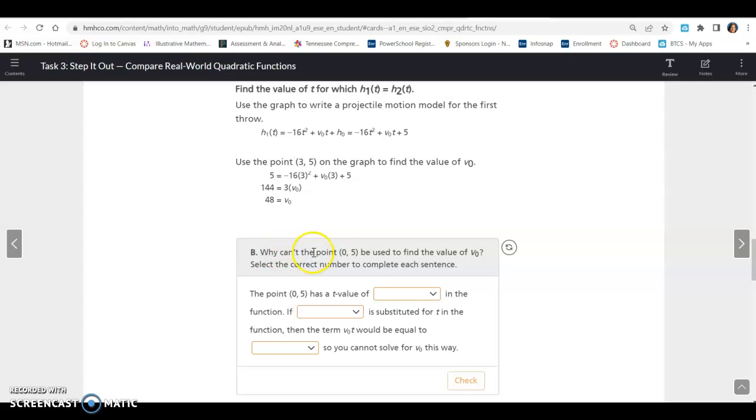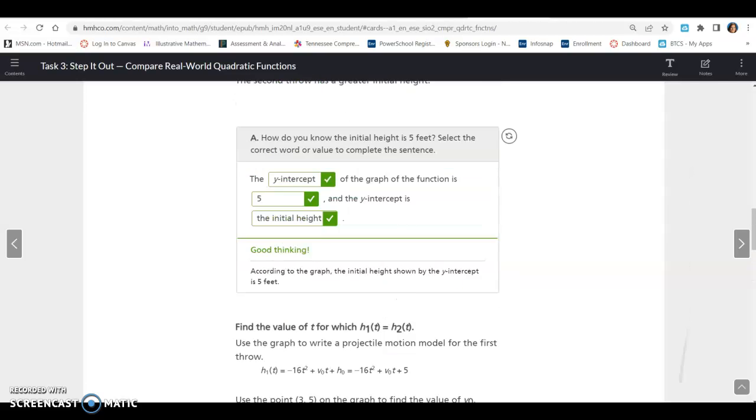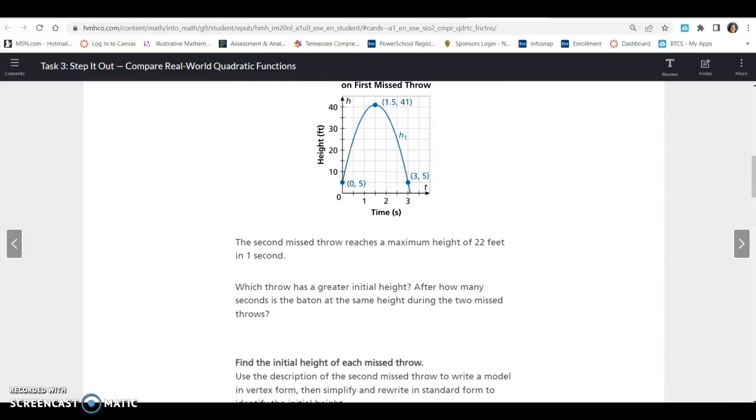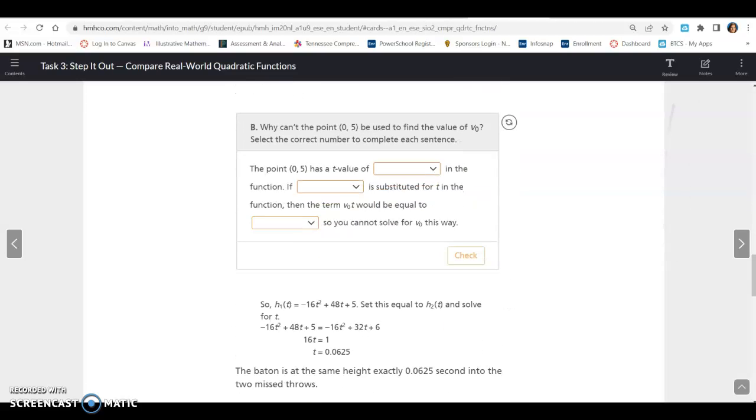All right, so it says, why can't the point (0, 5) be used to find the value of v sub 0? Select the correct number to complete each sentence. When you look up here, you have two points we could use, (0, 5) or (3, 5). They're asking, why can we not use this one? If t equals 0 is plugged in, what happens when you multiply by 0?